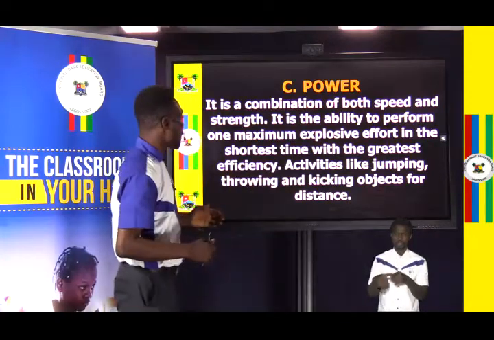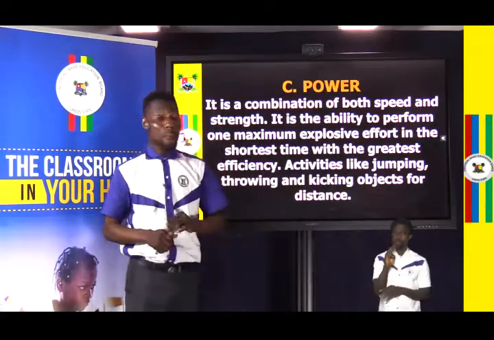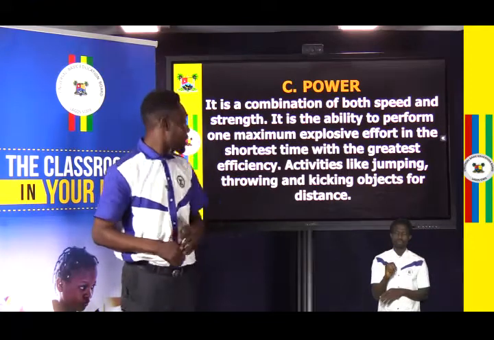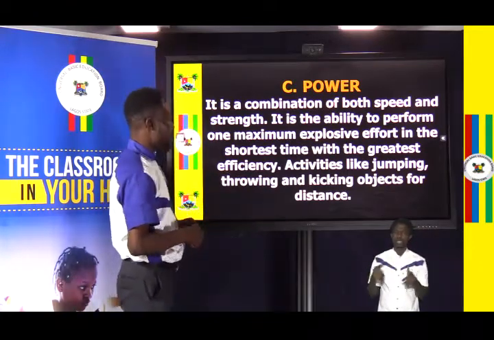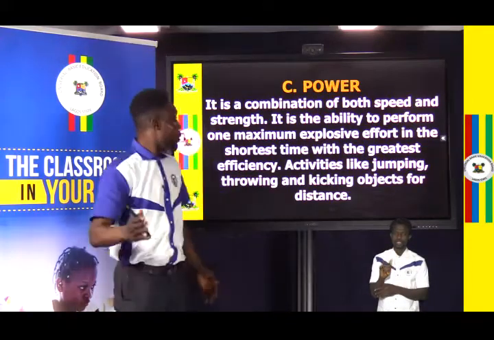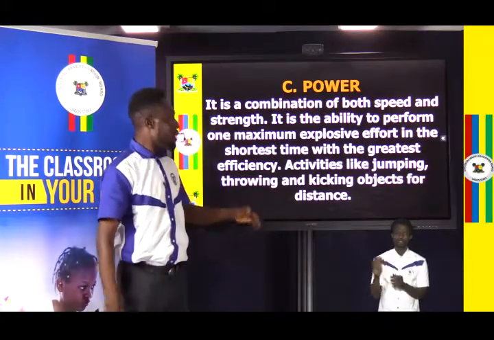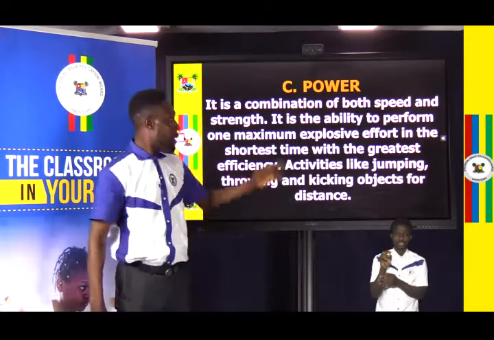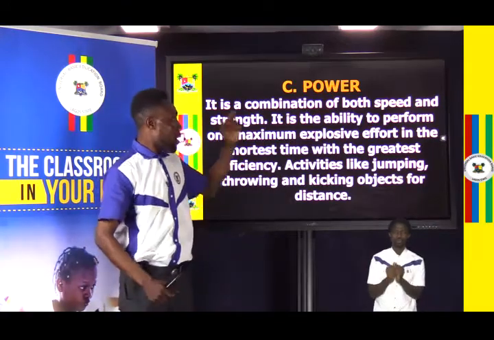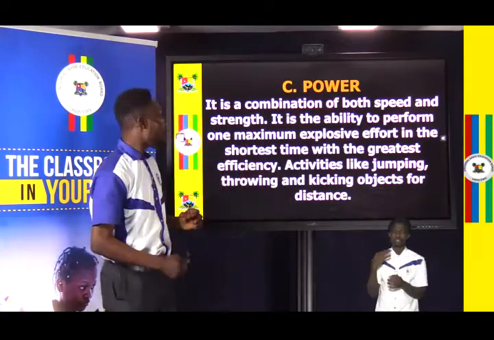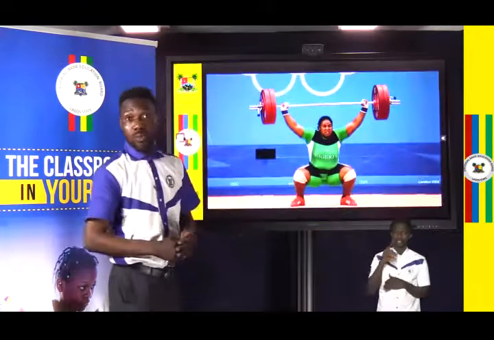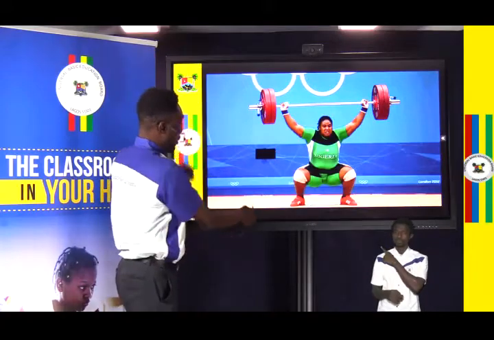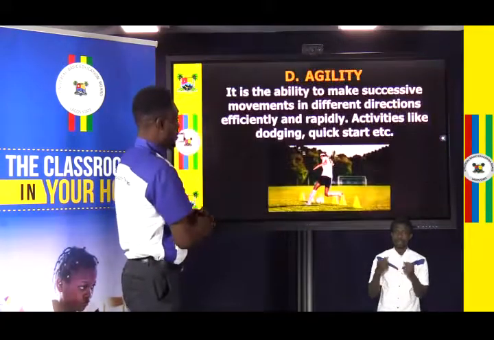It is the ability to perform one maximum explosive effort in the shortest time with the greatest efficiency. Activities like jumping, throwing, kicking an object for distance have to do with power. That's a combination of speed and your strength.